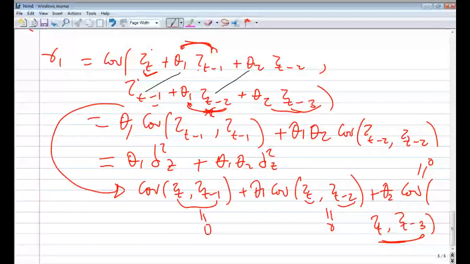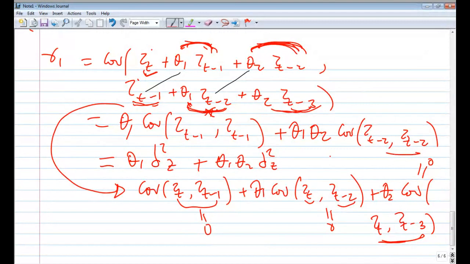Coming to this one again and this one, they're independent, so their covariance is going to give us 0. Then you come to this one and zt minus 1, their covariance is 0, so we left it out. This one and this one, that's why we included it here, because they are not independent. Their covariance is giving us sigma squared z, so that's why we included it here.